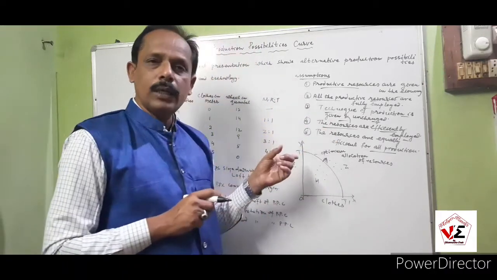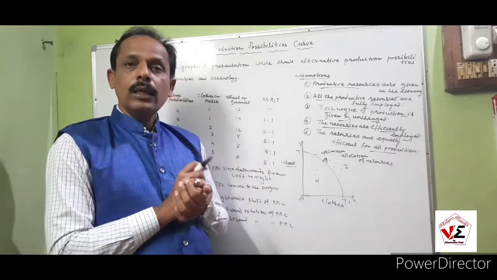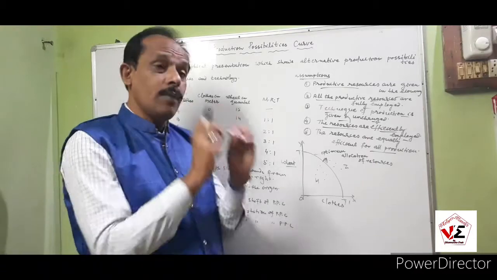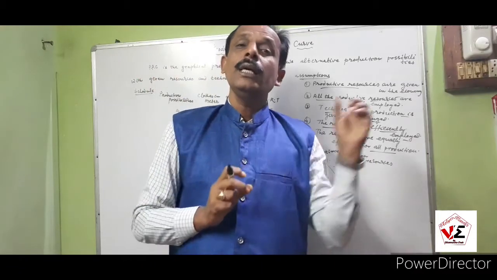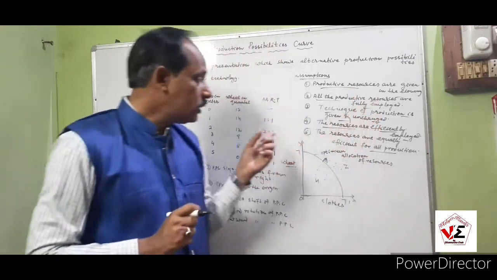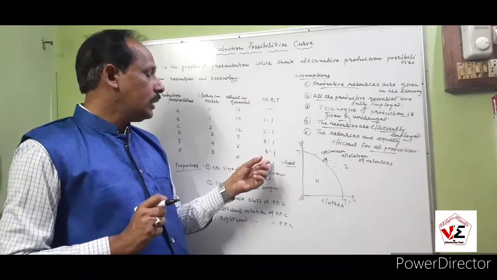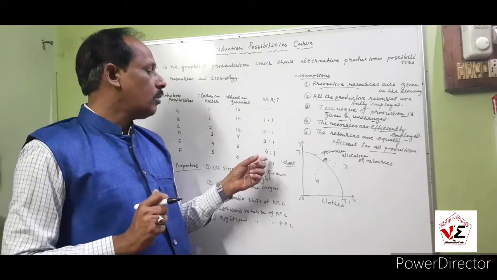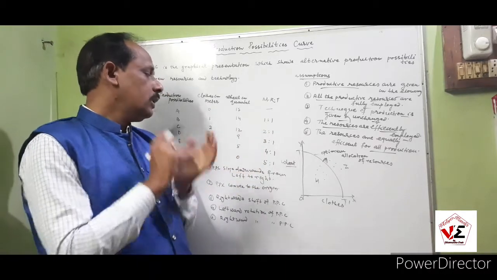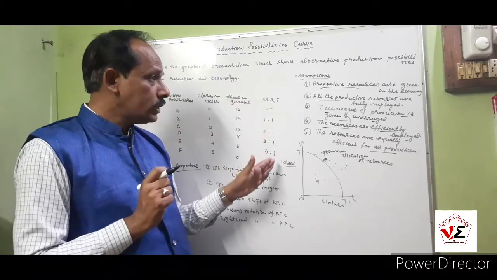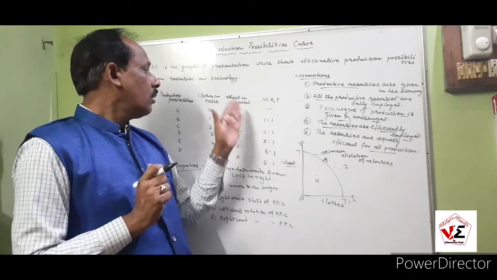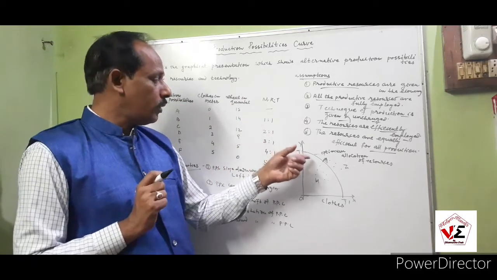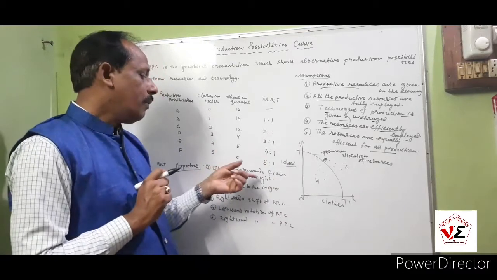In order to get an extra unit of clothes, the amount of wheat we are sacrificing is the MRT. That means we are sacrificing wheat in an increasing manner to get an extra unit of cloth. So that's why it slopes downwards from left to right.